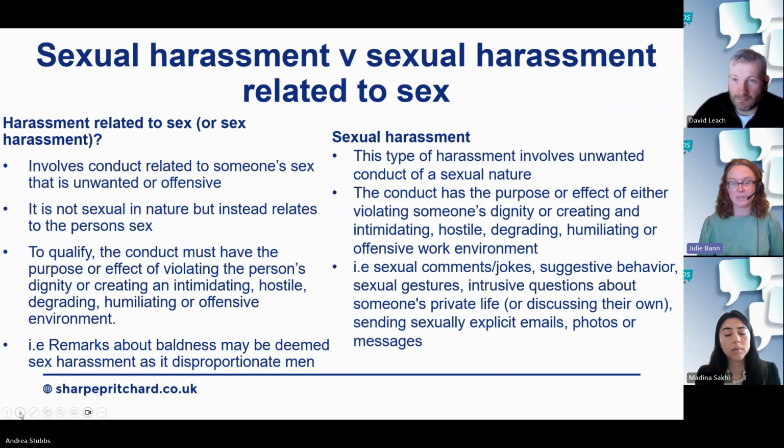And from that perspective, any of the work that you've already done to put in place your measures in terms of the positive actions you're doing to prevent sexual harassment in the workplace, it is a good idea at the moment to be rolling that out across all areas of protected characteristics.